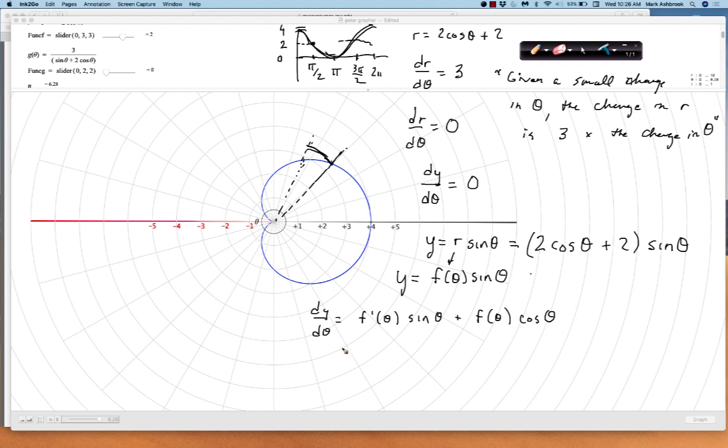So for us in this graph, f prime of theta is going to be the derivative of that, which will be negative 2 sine theta. I'm going to use s and c for sine and cosine to save time, okay? So negative 2 sine theta times another sine theta plus 2 cosine theta plus 2 times cosine theta.